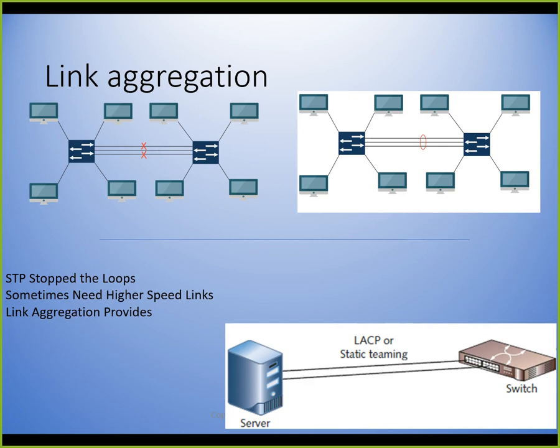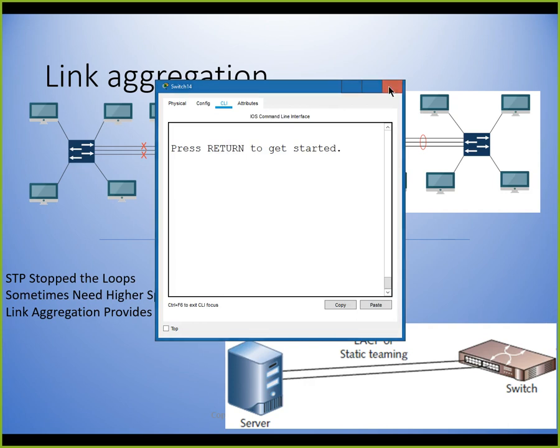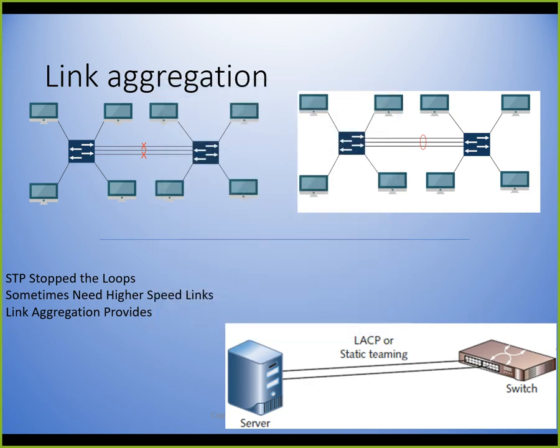Link aggregation here. Spanning Tree stops all of our loops here, but there are situations where we might want to have a higher data rate port, and we do have a topology that allows that. And I'm going to have to find it.